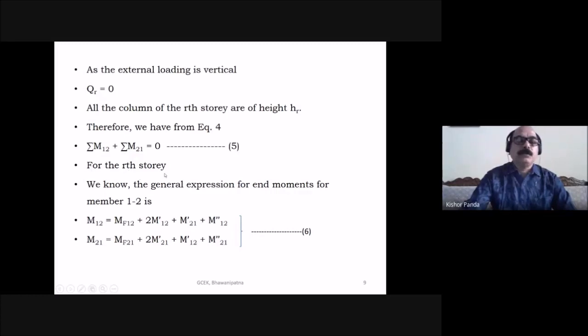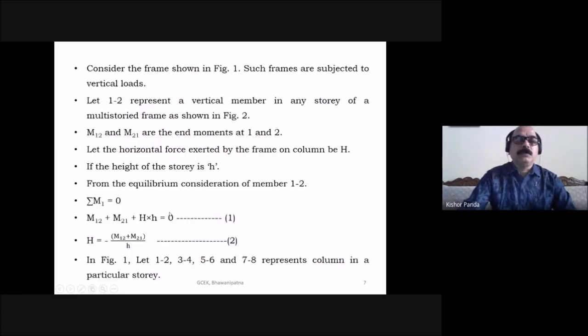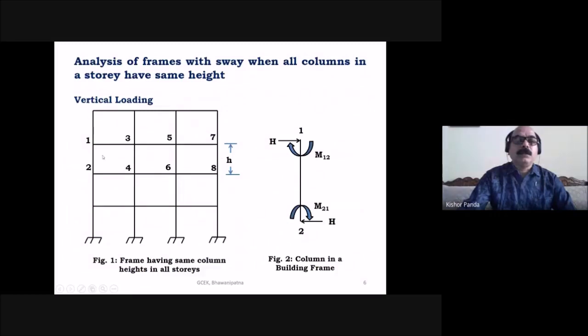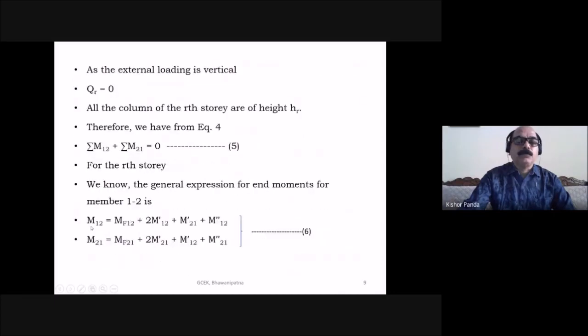For the story, we know the general expression for end moments for member 1. What is the general expression for the moments at the end of the column? You can find M12 or M21 using this formula. MF12 is the fixed end moment, plus twice the near end rotational moment M'12, plus the far end rotational moment M'21, plus the translation or displacement moment M''12.